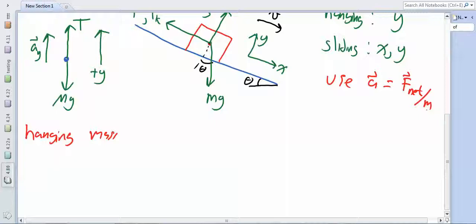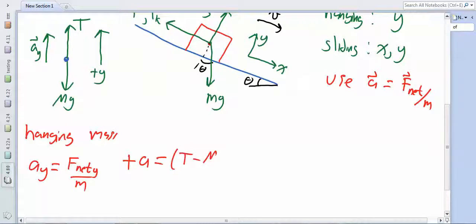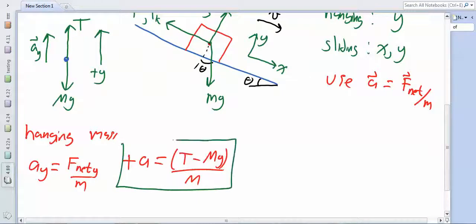For the hanging mass, I would have that a sub y is equal to the net force in the y direction divided by the mass. That would tell me that plus a, which is the size of that acceleration, would be equal to the quantity T minus capital mg divided by capital M. I'm going to put that equation in a box because I'm going to need it in a little bit.